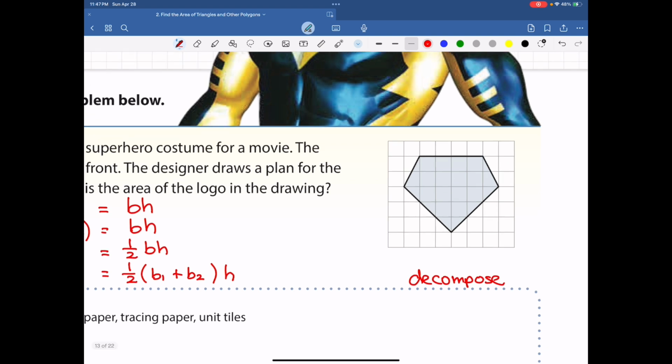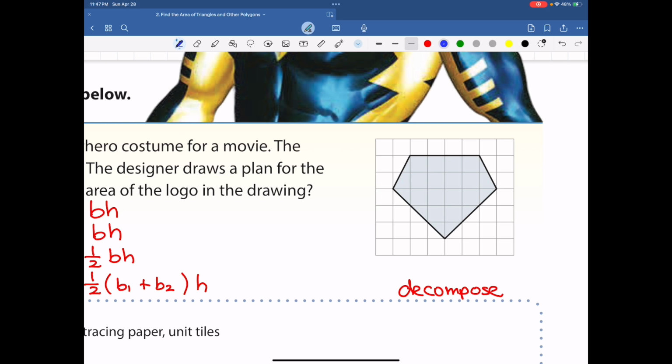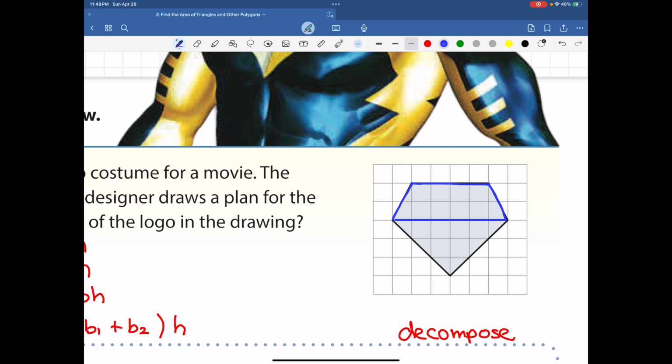So if we draw a line right through here, you'll notice that the top shape here now turns into a basic shape that we do know. So this is a trapezoid. I'll write down trapezoid up here, and draw an arrow pointing to that portion of the logo.